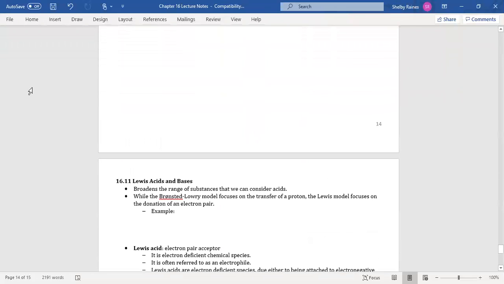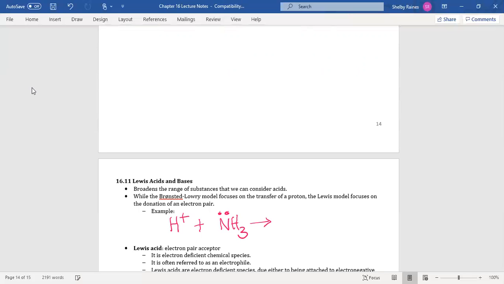So what do I mean? We have H plus, we have NH3. If I drew out the Lewis structure of NH3, I would see that there's a lone pair on the nitrogen.